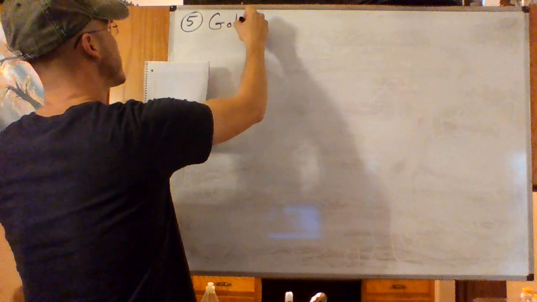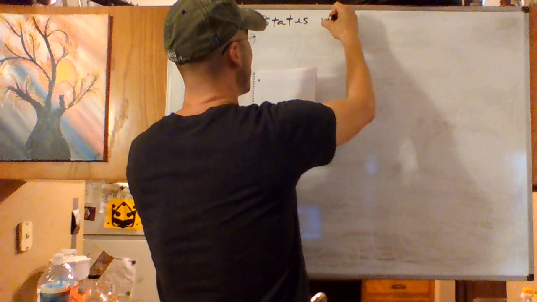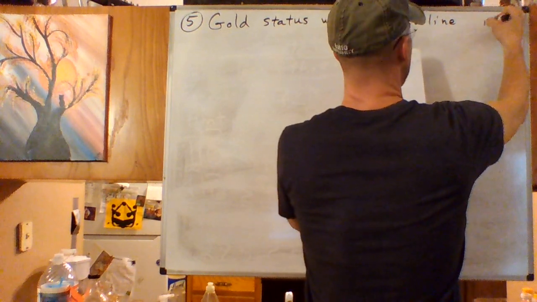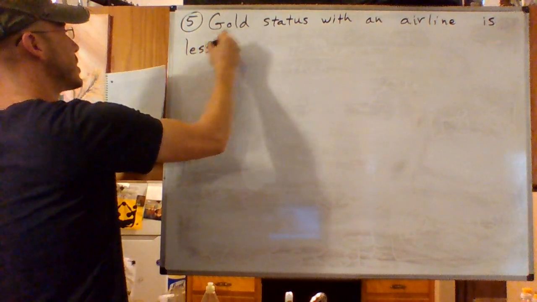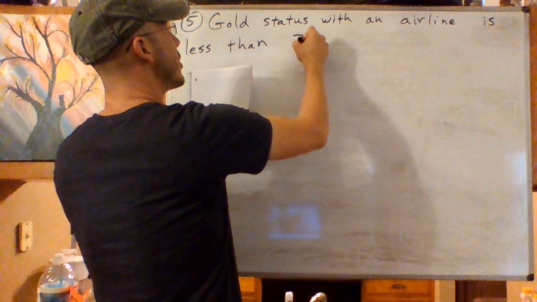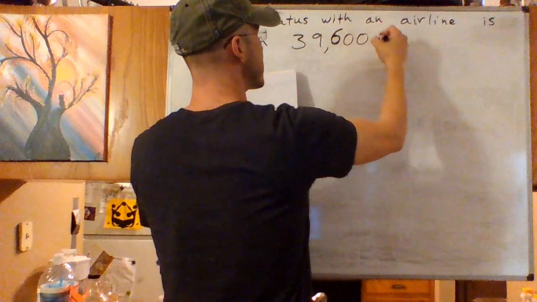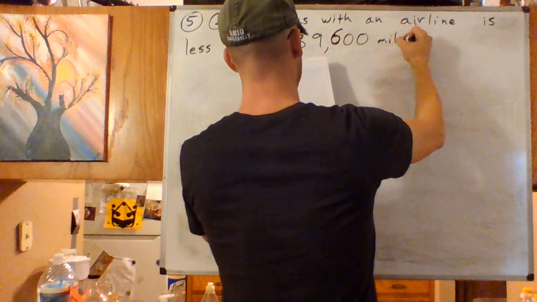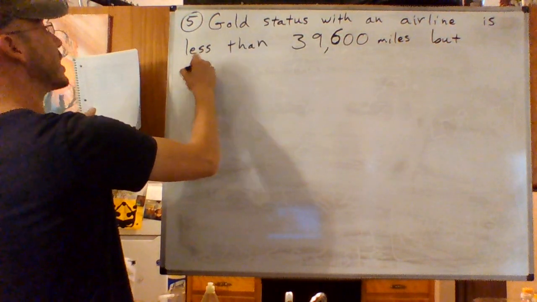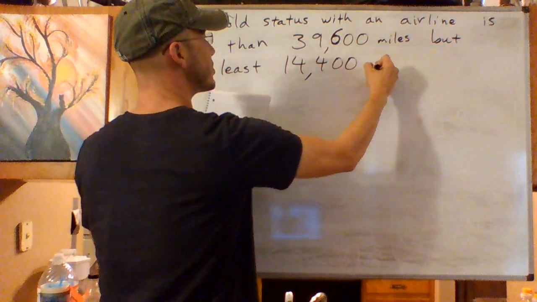It says gold status, I guess it's like a frequent flyer sort of thing, with an airline is less than 39,600 miles, but at least 14,400 miles.